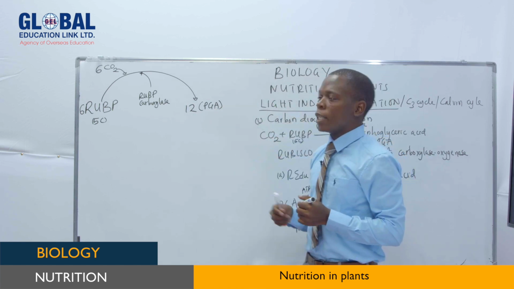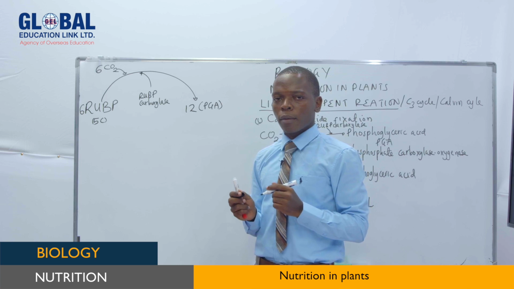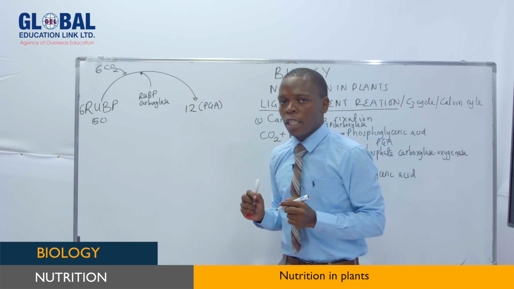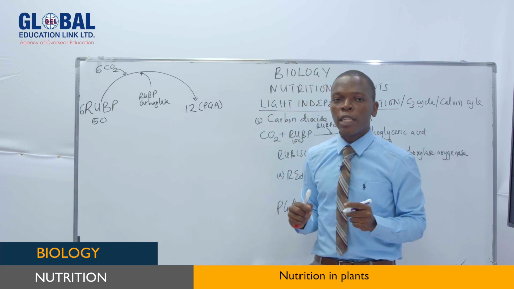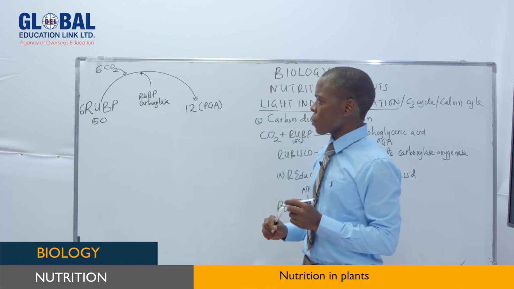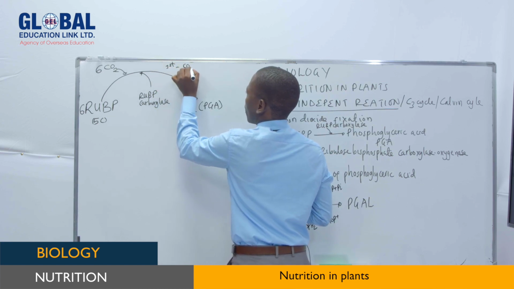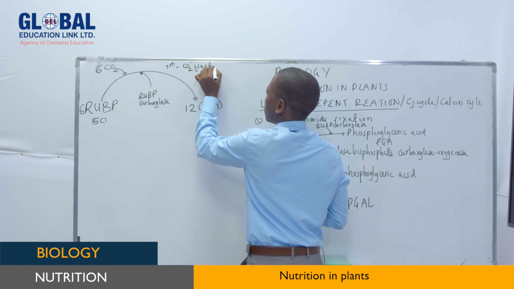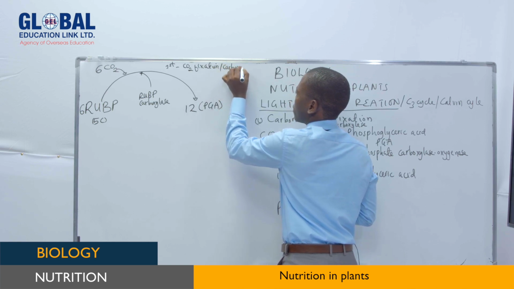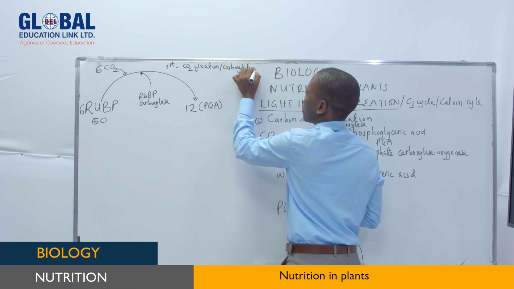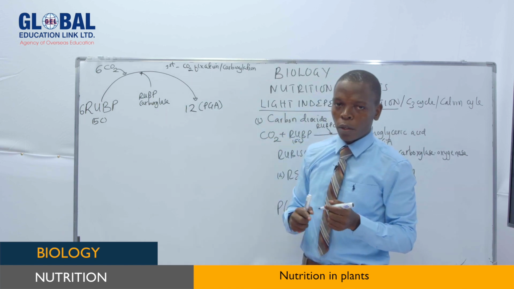After formation of this phosphoglyceric acid, we mark the end of the first stage of the Calvin cycle, which we call carbon dioxide fixation, or sometimes carboxylation, because the reaction involves addition of carbon dioxide into a 5-carbon compound.